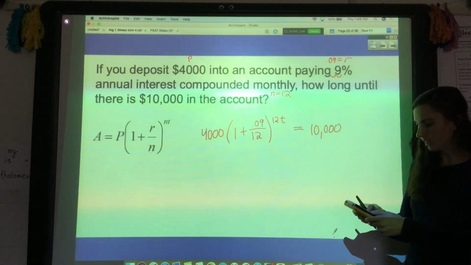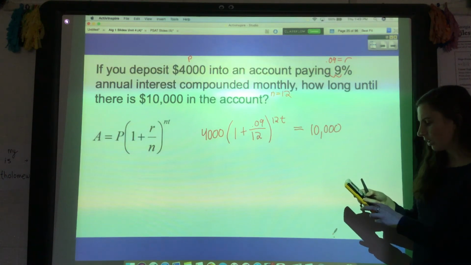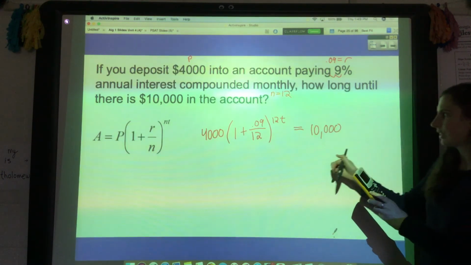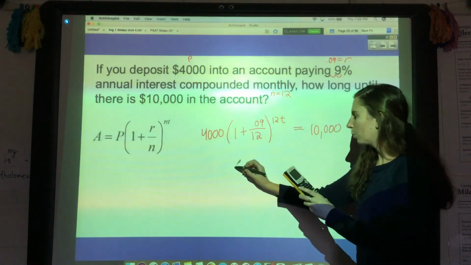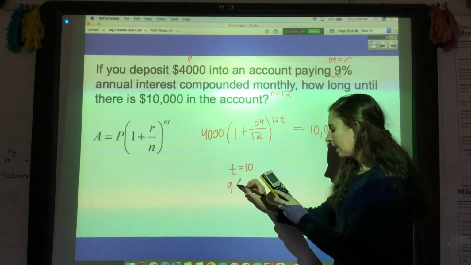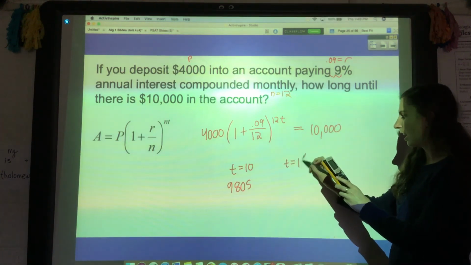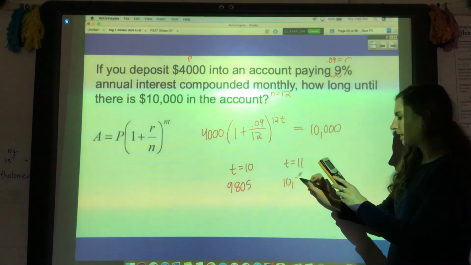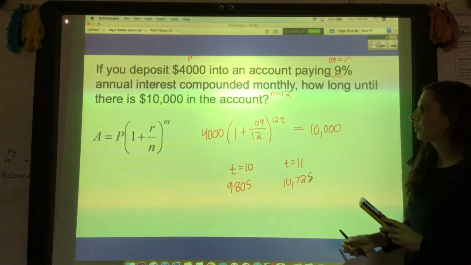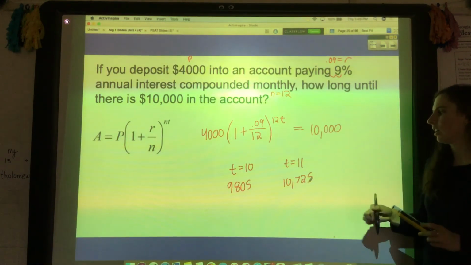And then when I look at the table, I don't get to 10,000 until it's right in between 10 and 11 years. So when t is 10, we're currently at $9,805, and when t is 11, we get to 10,725. So it would be the 11th year that you finally have over $10,000 in the account.